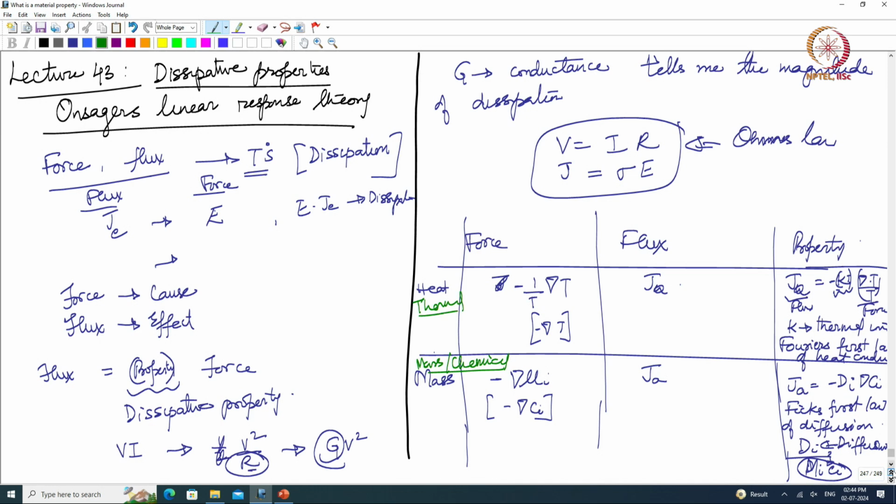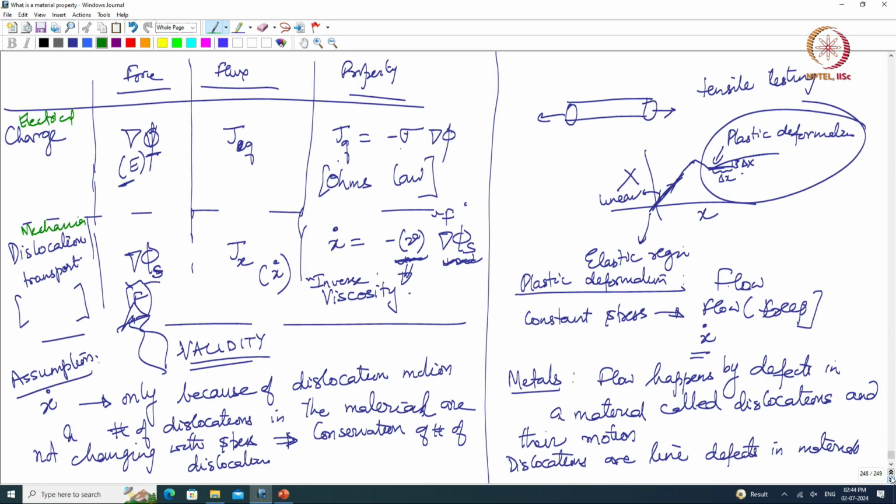So, I have told you about all the 4 problems, everything has a similar law associated with it. But only in mechanics, the validity, I am being very careful in defining this, because I assume that strain rate or flux of strain, which I equate with flux of dislocations or some defect entities that are moving, is conserved.